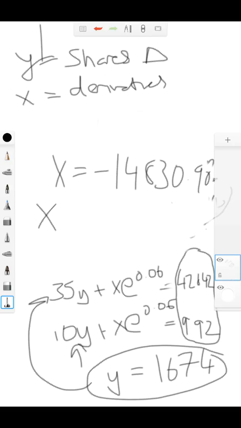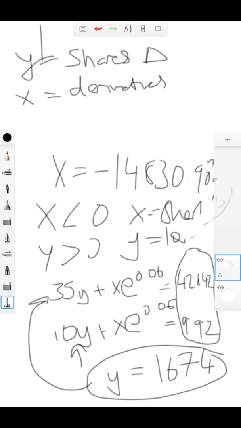So we know that x is negative and y is positive, so we're going to short x and long y. So we're going to buy shares and we're going to sell derivatives.